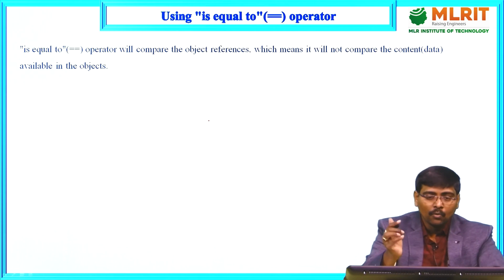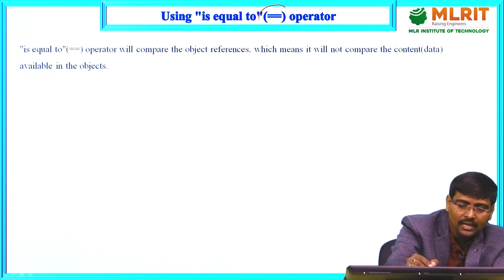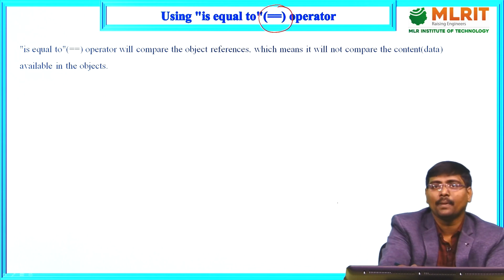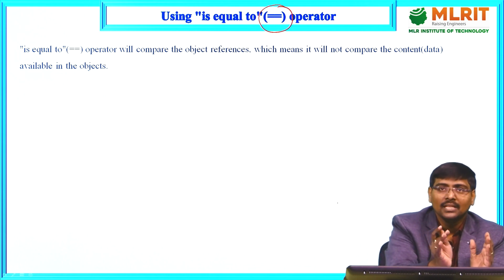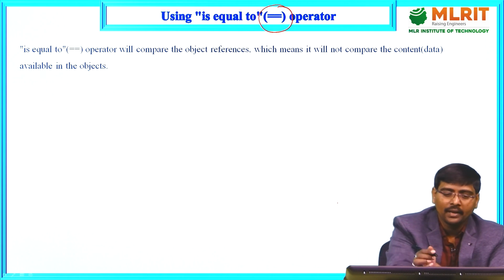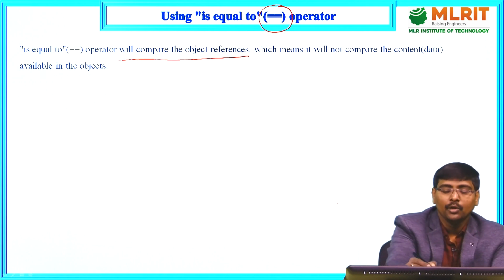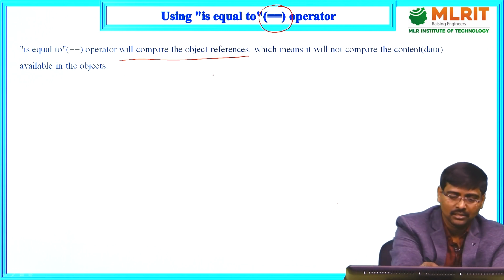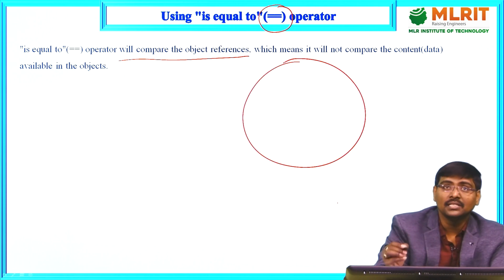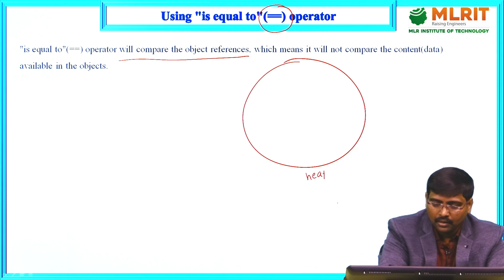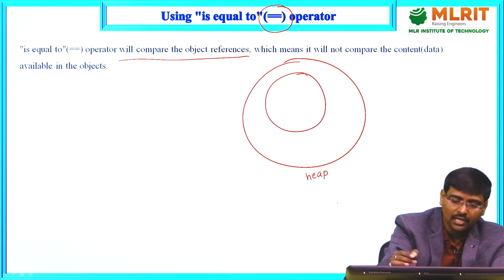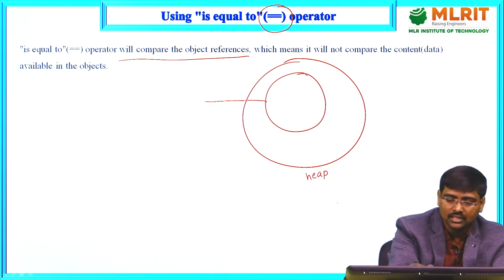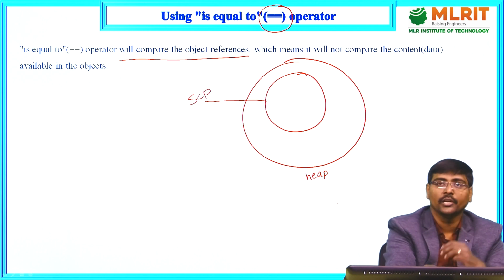Now, move to the third one, the equal to operator. This equal to operator is used to compare the strings based on address. So, assume this is my heap memory, this is some partition of heap. What is this one? This is the string constant pool.